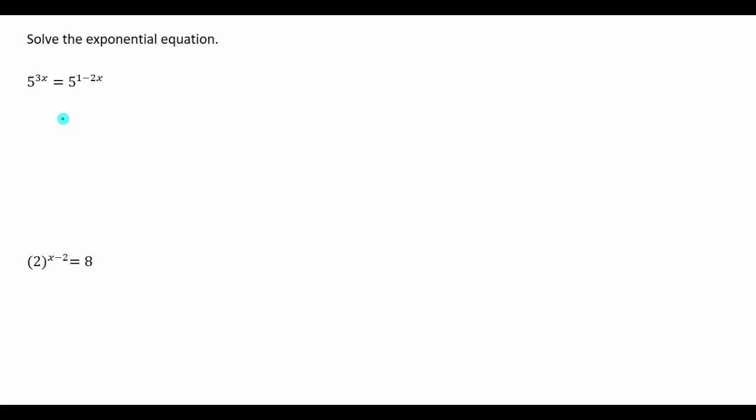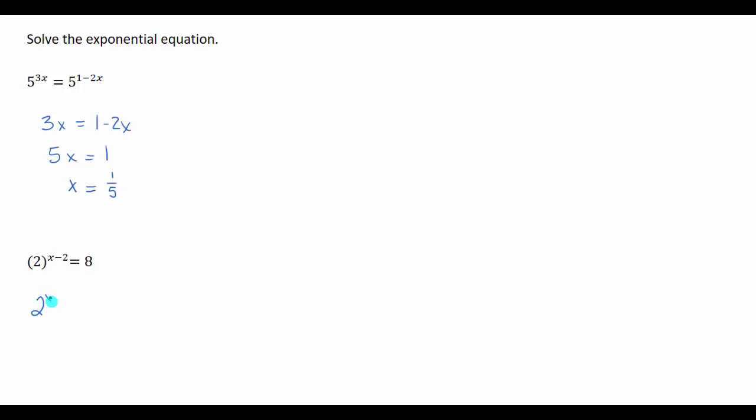Solve the exponential equation. Our bases are the same, so we know that the exponents must be equal. Then we solve that. Here, our bases are not the same, but we can write 8 as a base of 2.